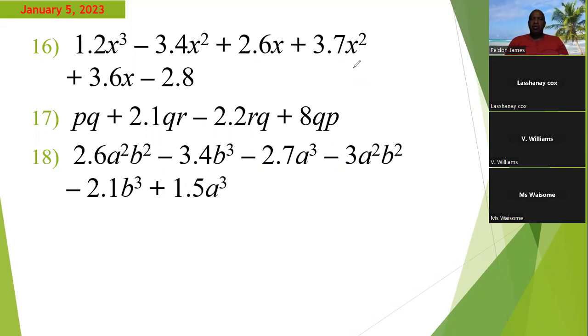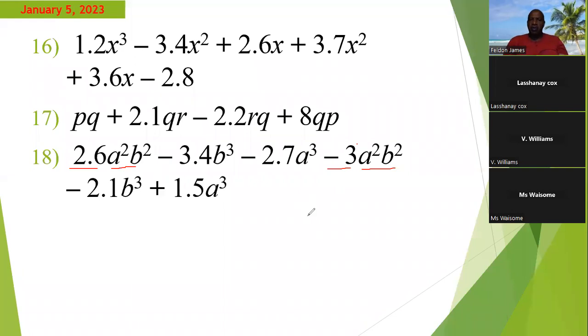Oh, so remember now, first and foremost, you're looking at the coefficients, right? So you take the number and you look for the variables that are common. So a square b square. Here you have a square b square. Now this one doesn't have a negative in front of it, so you know that this is positive. You know that this is negative. So now you're only working with the coefficients, 2.6 and negative 3.